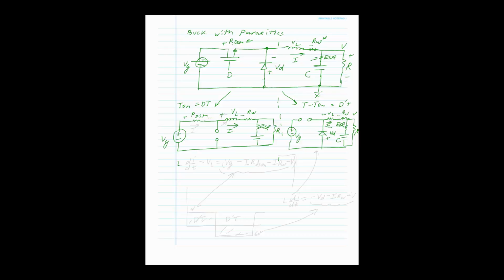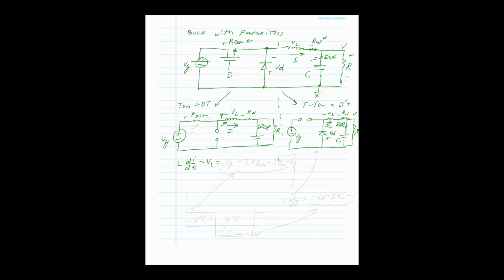So looking at this circuit, we have an L dI/dt. And what is that? That's really the voltage across the inductor during the T on period. And what is that equal to? Well, simply put, to collect terms, what is the voltage across this inductor right here?